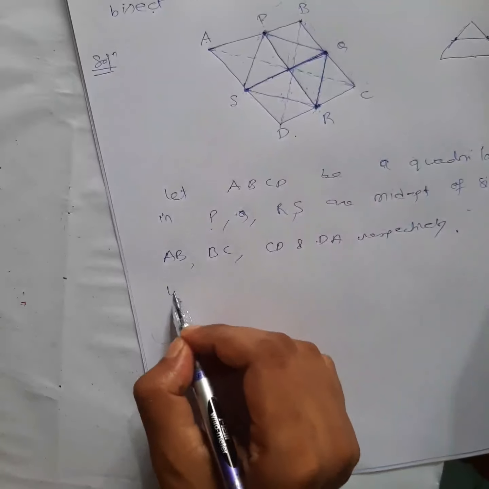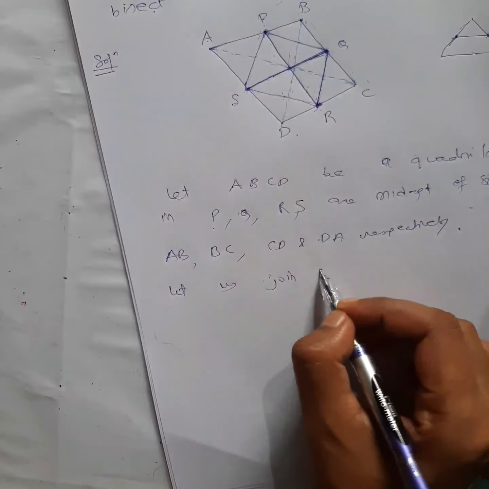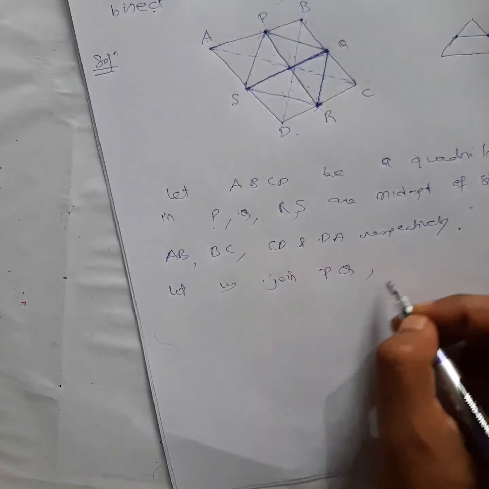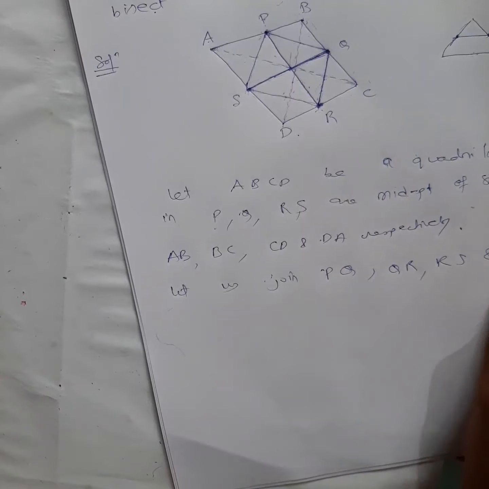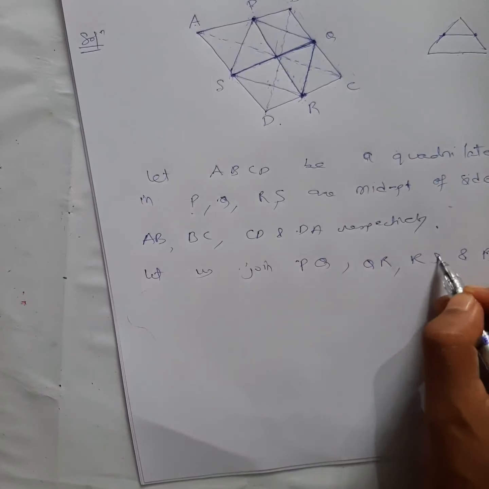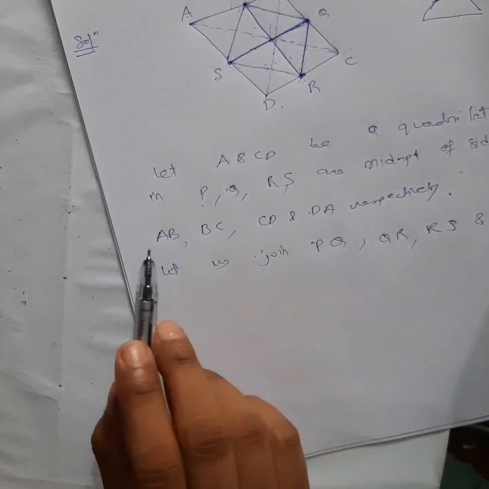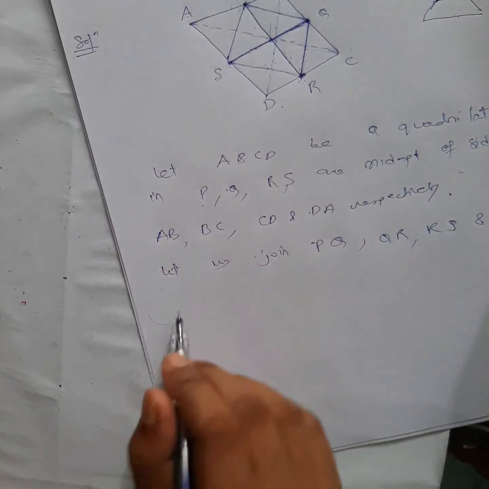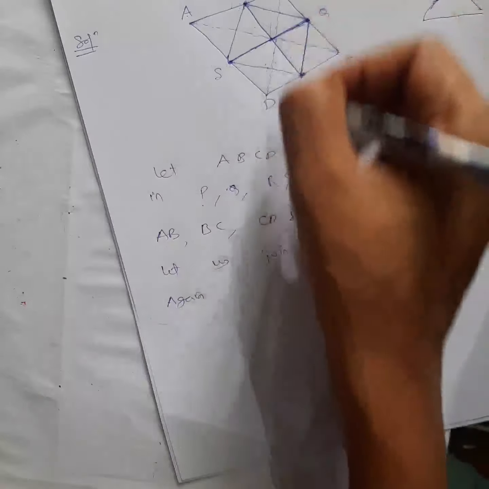Now let us join PQ, QR, RS and PS. So we have joined, right? Now we will show that PQRS is a parallelogram. Now how will we do that? Again, for that I need a diagonal.